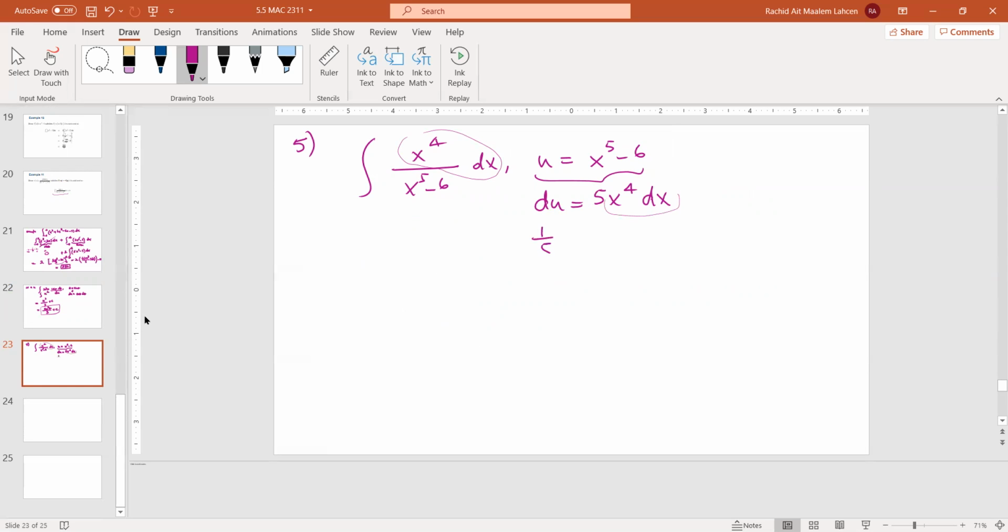So we need to do this to get that part, which means when you put the u here, right, then this is going to be 1/5 du, 1/5 du.